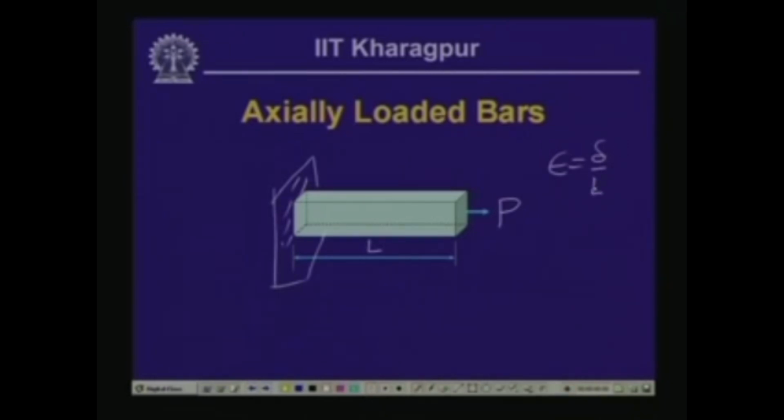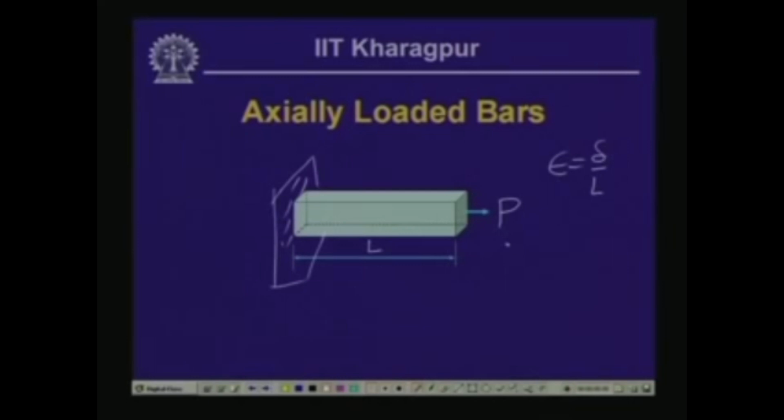We consider that this analysis is within the elastic limit of the bar, and as we have seen in the stress strain relationship, within the elastic limit the stress is proportional to the strain, and we can write sigma is equal to E times epsilon.